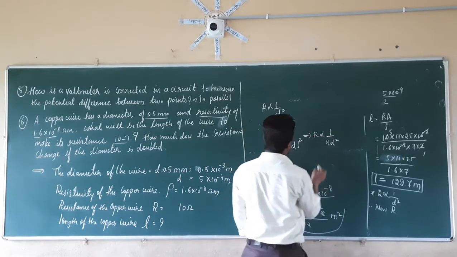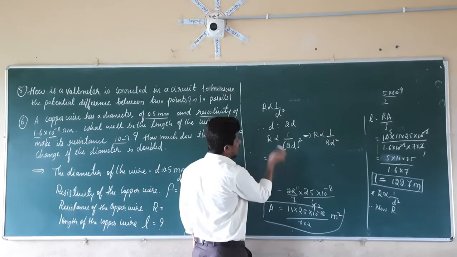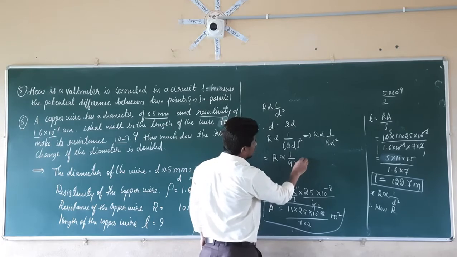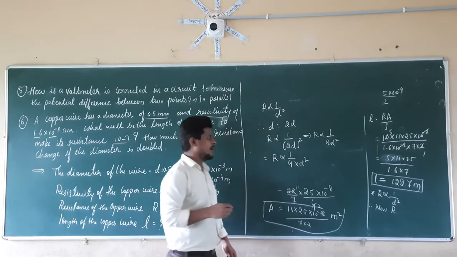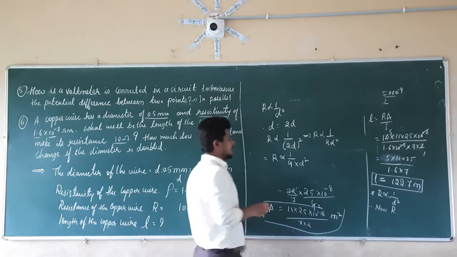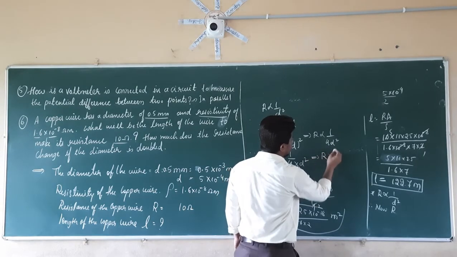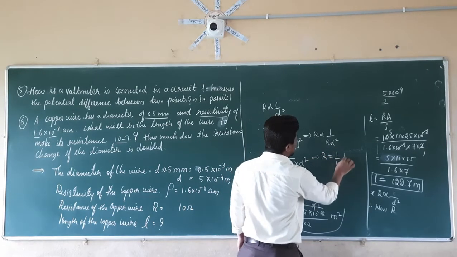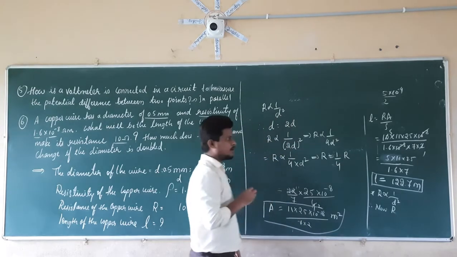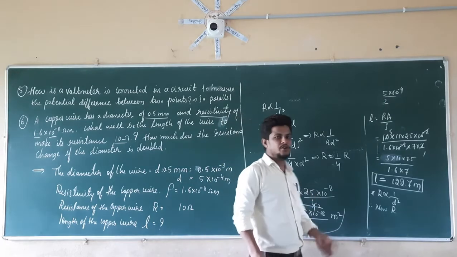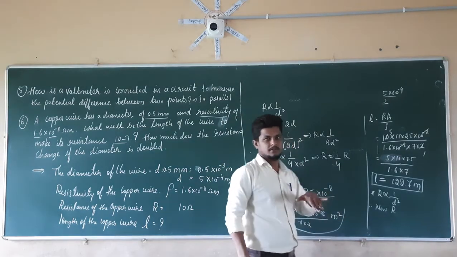So it is R inversely proportional to 1 by 4 into d square. We already know that 1 by d square corresponds to R, so the new R is 1 by 4 times the R. So the new resistance is going to decrease by 4 times.